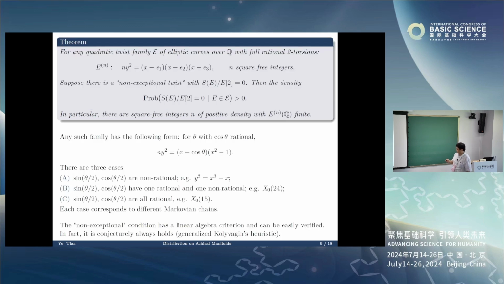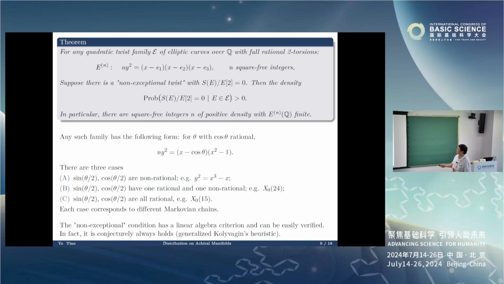Now, the point I want to make is like what we did for quadratic twists: any quadratic twist family of elliptic curves over Q with full rational 2-torsion points, you fix e1, e2, e3 and let n vary.